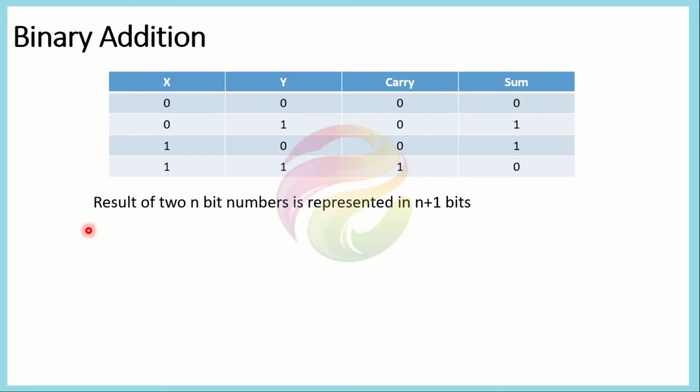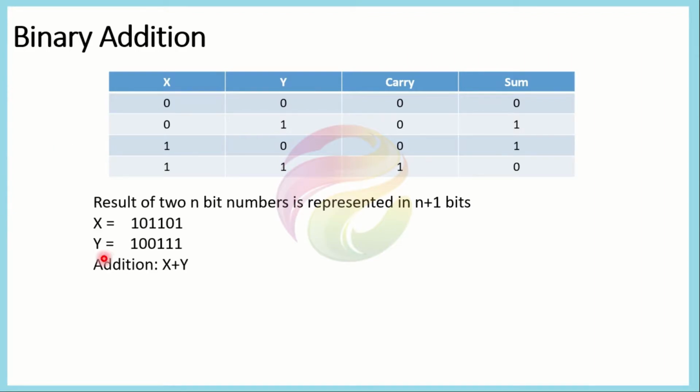If we have two n bit numbers, the result will be represented in n plus 1 bits. For example, in this case, both were represented in 1 bit, meaning n was equal to 1, but the complete result is represented in n plus 1 bits, meaning 2 bits. So if we have two 5-bit numbers, the result could be accurately represented in 6 bits.